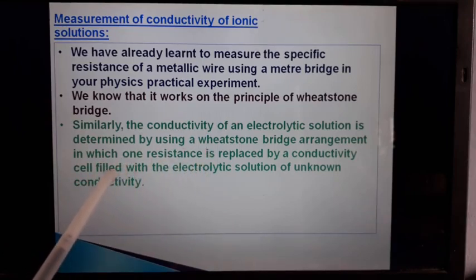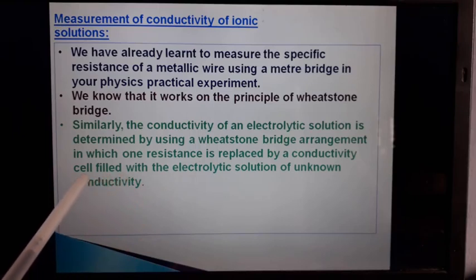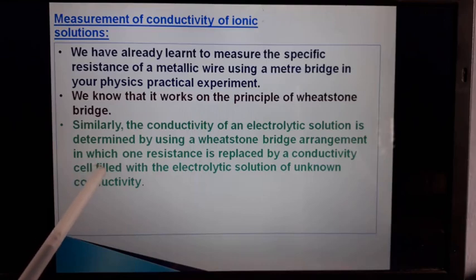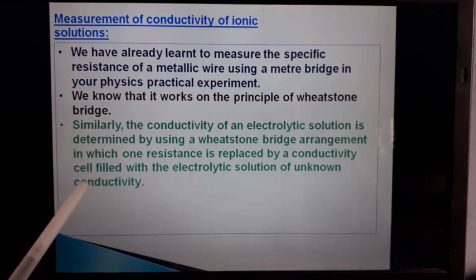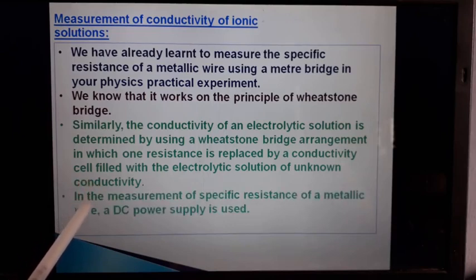In the Wheatstone bridge arrangement, one resistance is replaced by a conductivity cell filled with the electrolytic solution of unknown conductivity. This is the point. Understand? We will see the picture and you will understand.